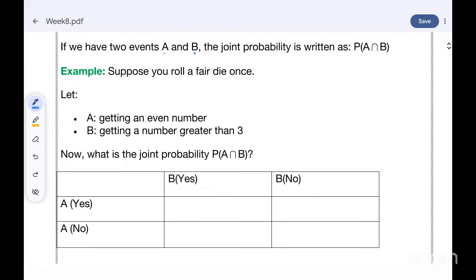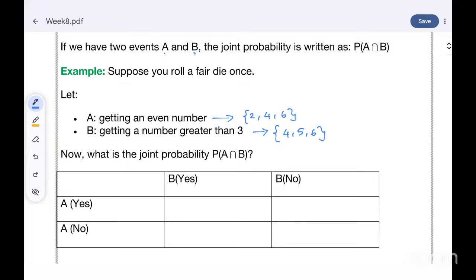First of all, what are all the elements in the set A? What are all the numbers which are even when you roll a fair die? Ma'am, 2, 4, 6. Yes. So here we have 2, 4, 6. These are the possible outcomes, right? And what about B? 4, 5, 6, right?